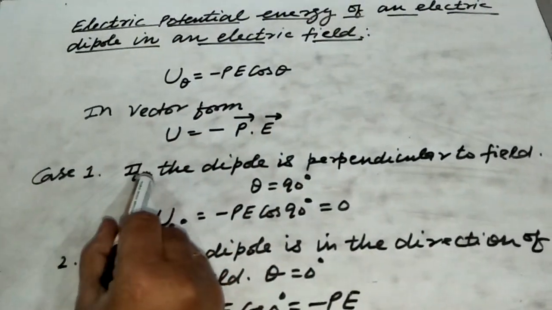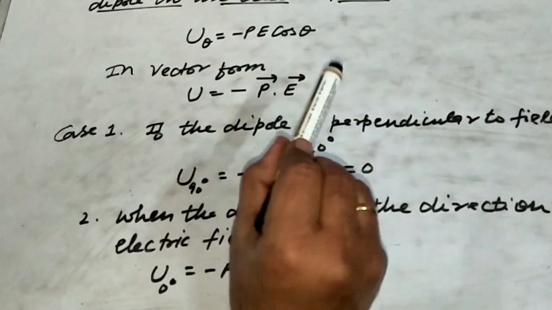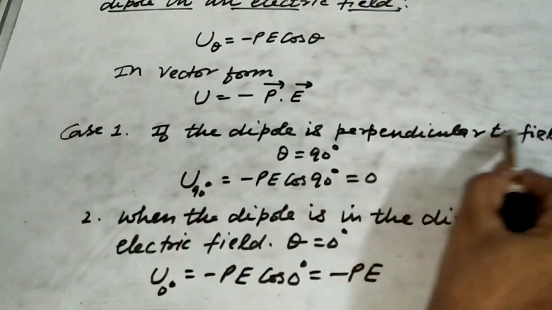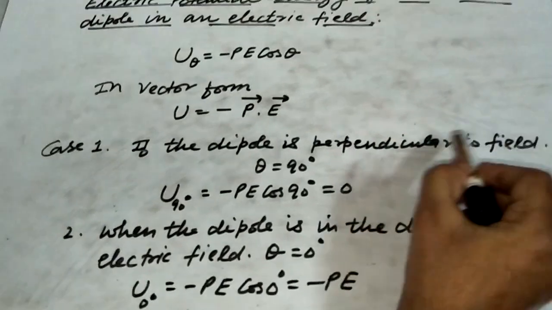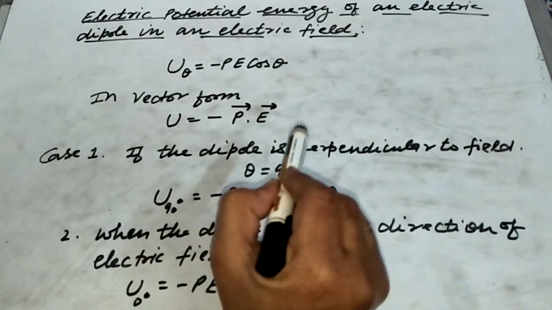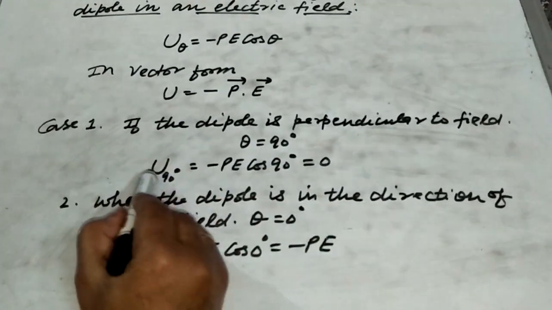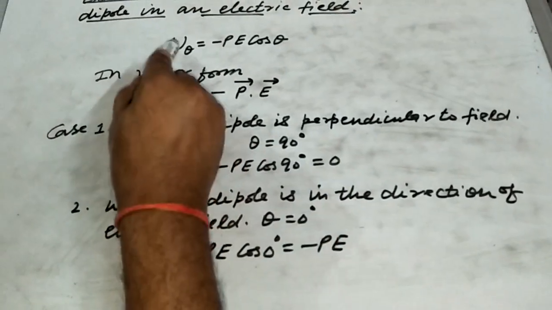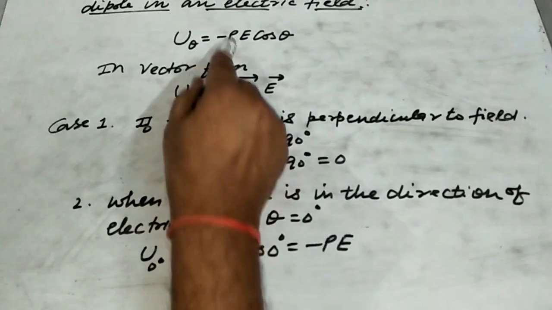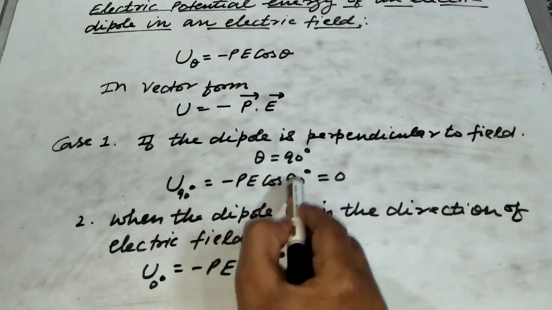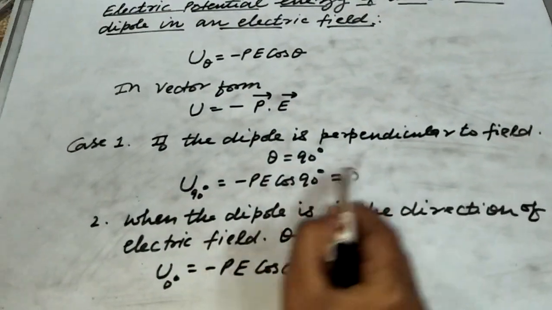Now, case first: if the dipole is placed perpendicular to the field, then the potential energy possessed by that dipole is given by U90, where theta is 90 degrees, so U90 = −pE cos 90, and cos 90 is 0, so it is 0.